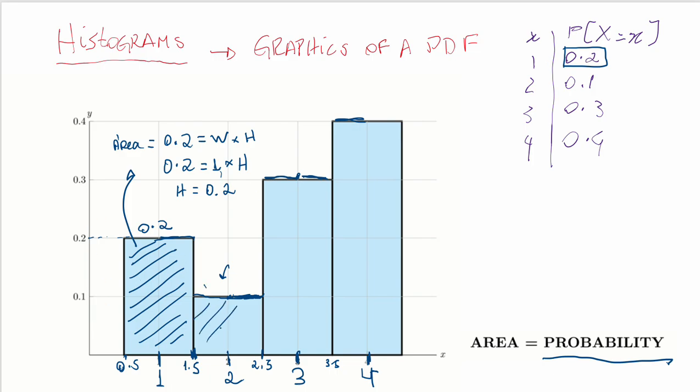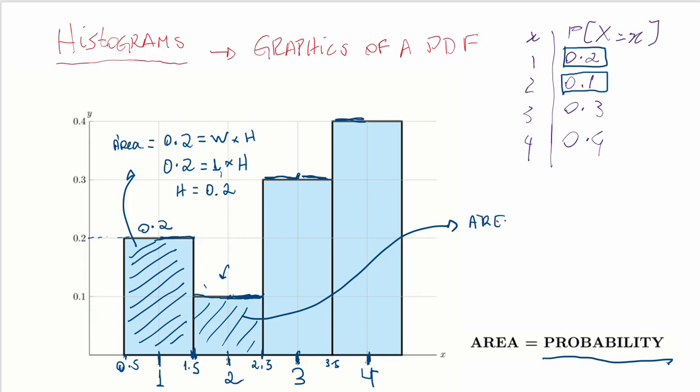Here is the second one that I'm shading. The area of this second rectangle gives me the probability of my variable being 2. So the probability of my variable being equal to 2 is given by this number here. It's 0.1.